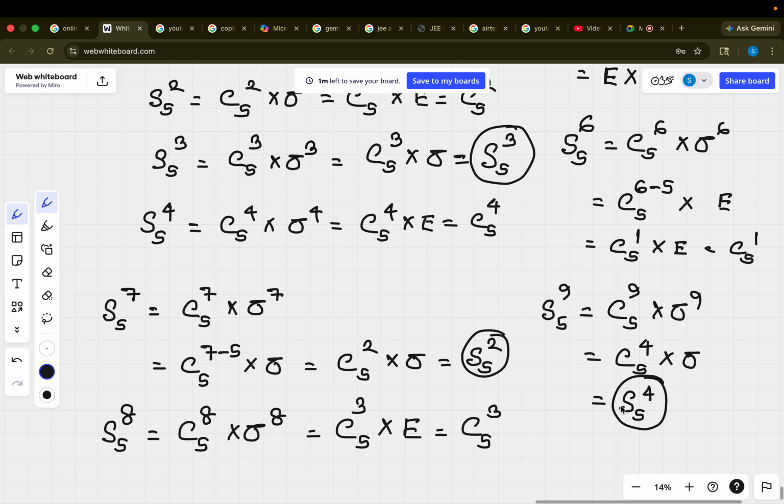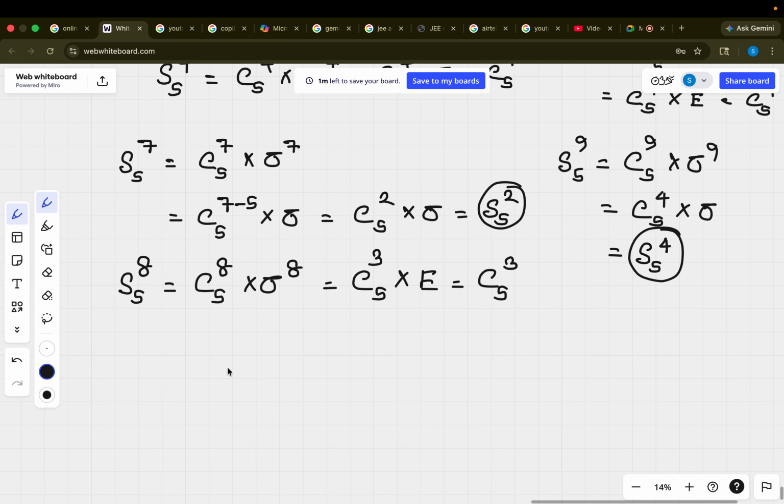So this is another, and one thing left, that is your S5 10. So I can write C5 10 into sigma 10. C5 10 you can write as C5 5, and sigma to the power even means identical. C5 5 means identical, this is also identical, so you are getting only identical.